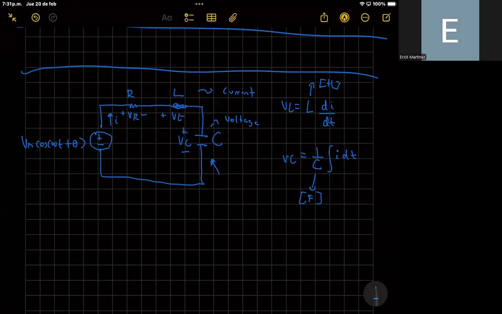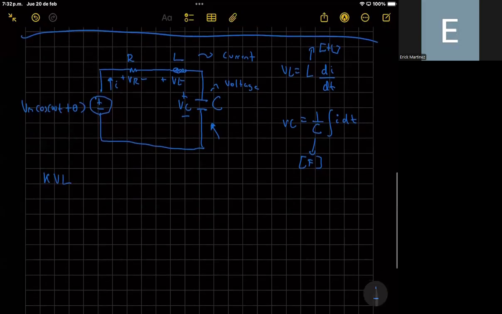So we have all these components, and one of the things that we want to analyze is the voltage of the capacitor. To analyze it, we need to apply the Kirchhoff voltage law.